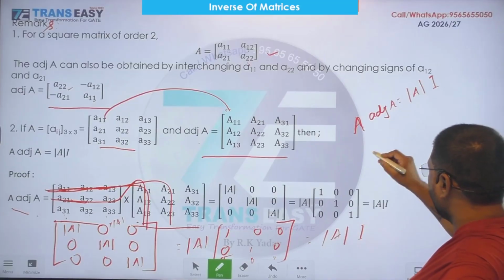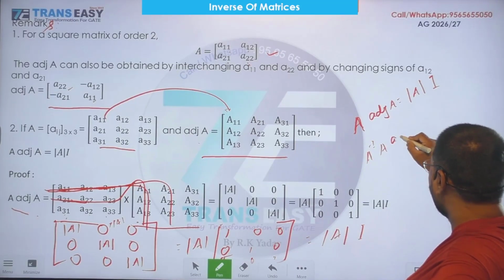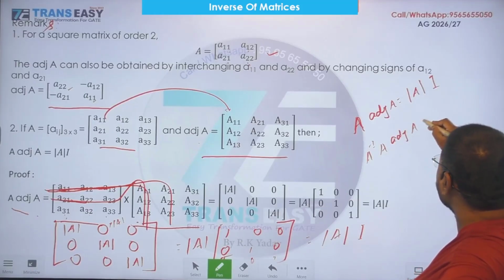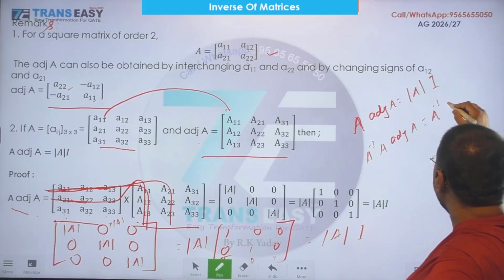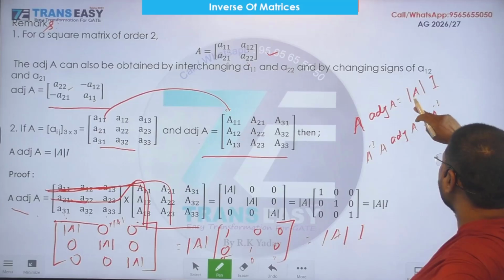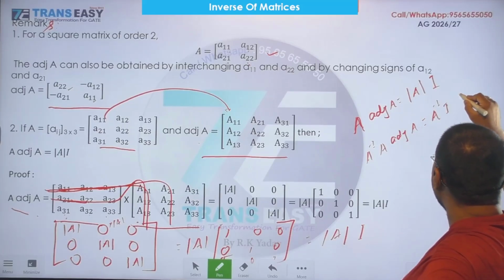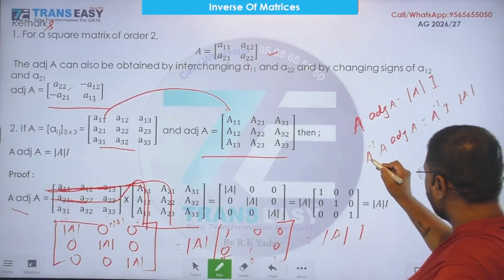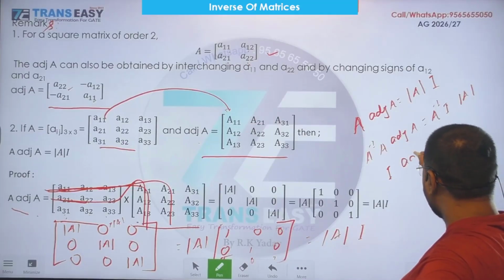Multiply both sides by inverse of A. A inverse A adjoint A. Adjoint A is also a matrix. A inverse, this is a scalar, so move this after this. A inverse A is unit matrix or identity matrix.